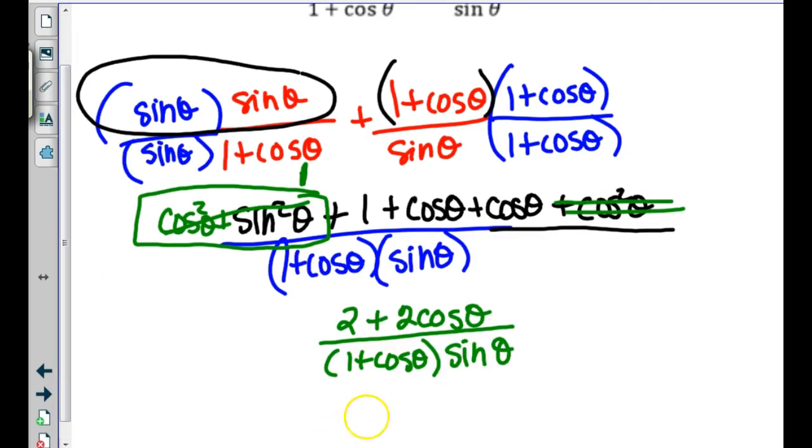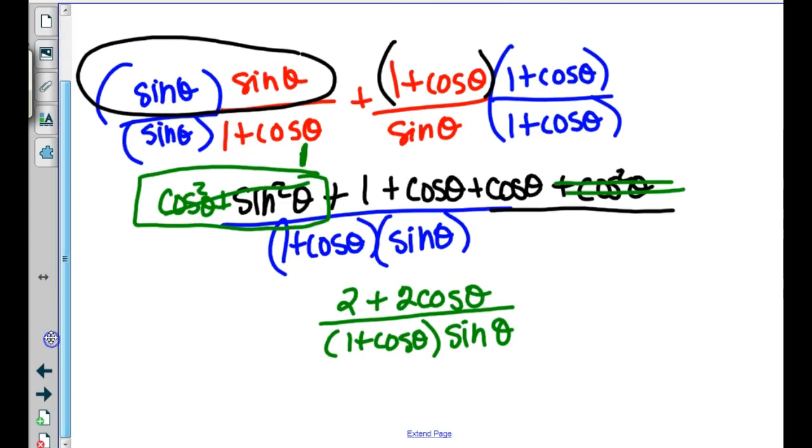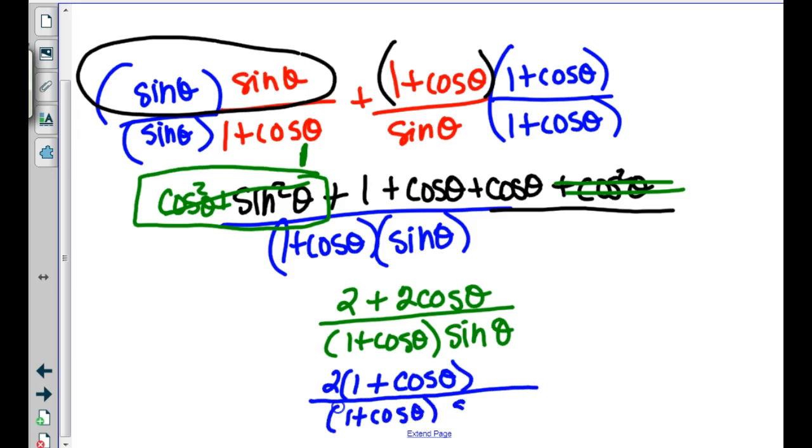Distribute on the denominator. I think undistributing in the numerator would be a better plan. We're trying to get a 2 times a sine. 1 over sine, right? Cosecant would be 1 over sine. So we need to get a 2. How can we pull a 2 out here? And that will leave us on the top with 2 divided by 2 is 1 plus cosine, over 1 plus cosine times sine.